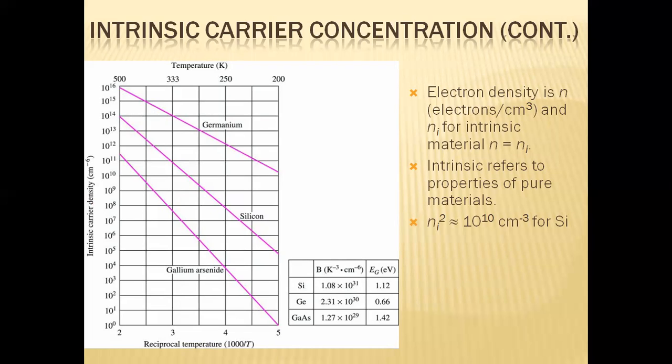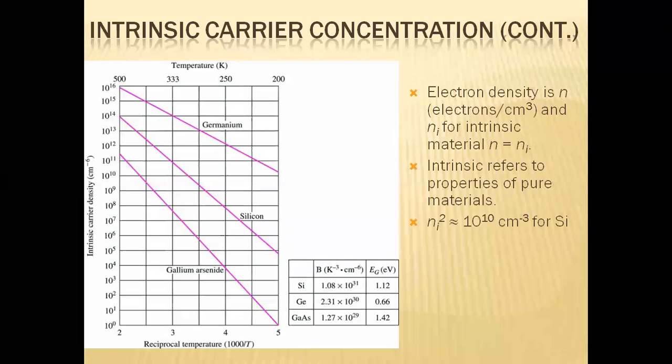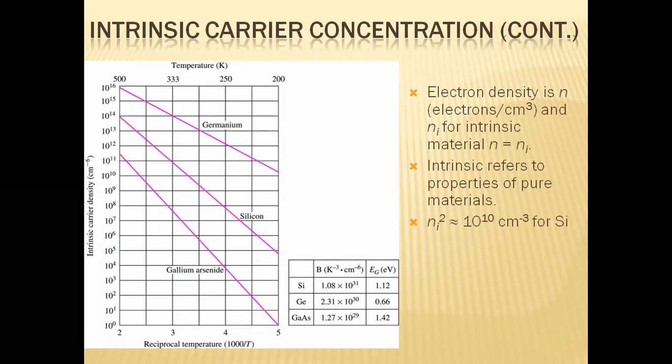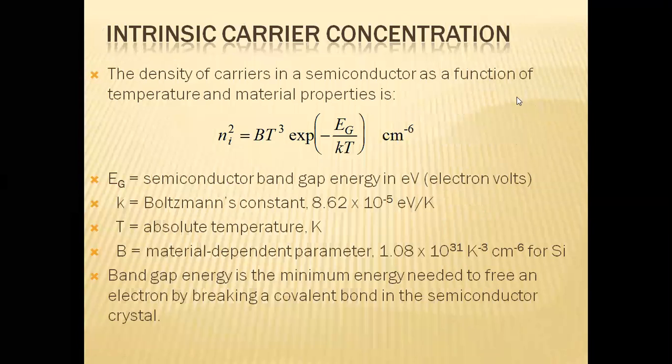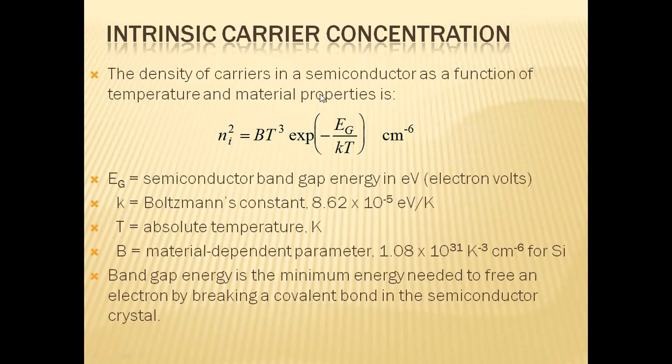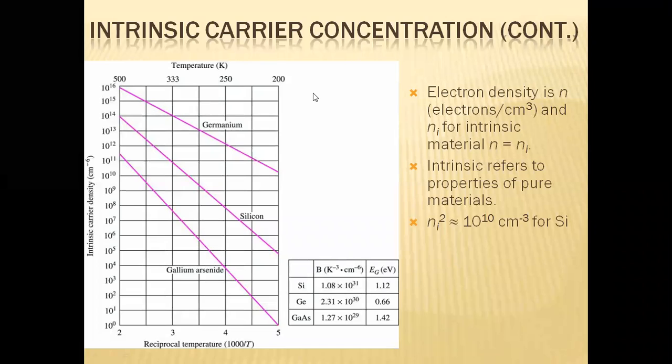This intrinsic refers to the properties of pure materials. It is pure silicon or pure germanium or pure gallium arsenide. In the case of germanium, the density is very much high when compared to silicon. That is depending upon the type of material and its properties that we have just described, that is, its temperature and material properties, right?